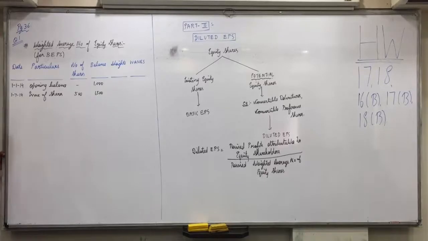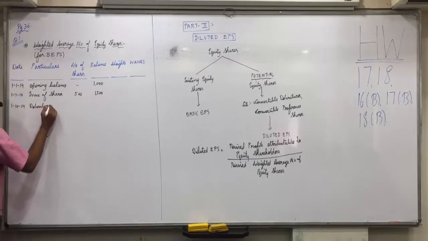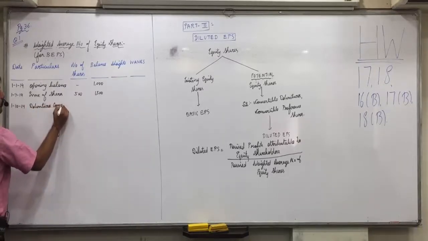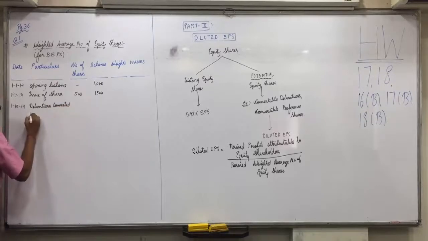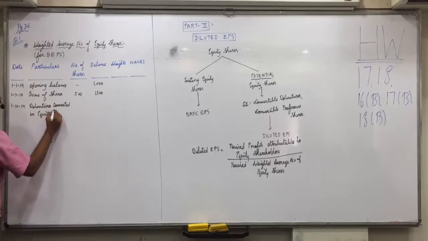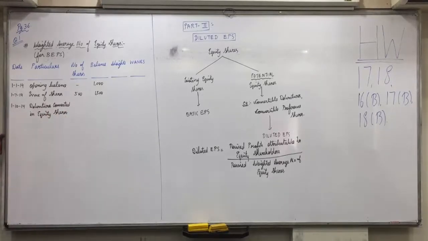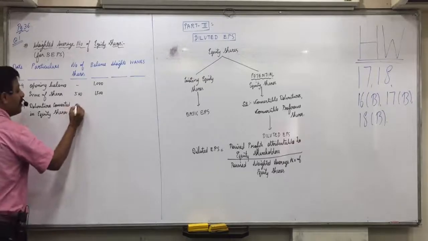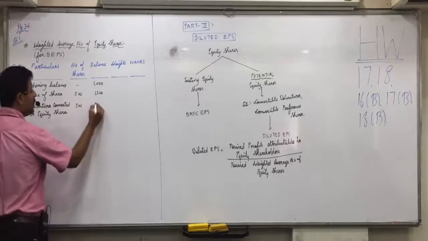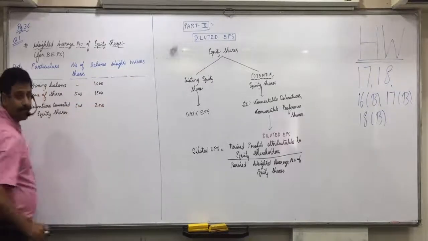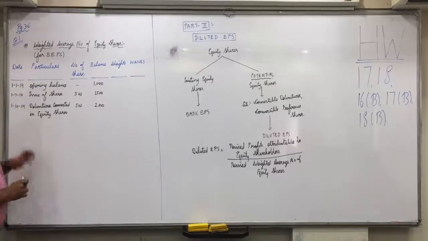And then 1 October 2014, debentures converted into equity shares. How many equity shares are they converted into? 500. So from 1st October there are 2,000 equity shares. Is everyone clear with this?